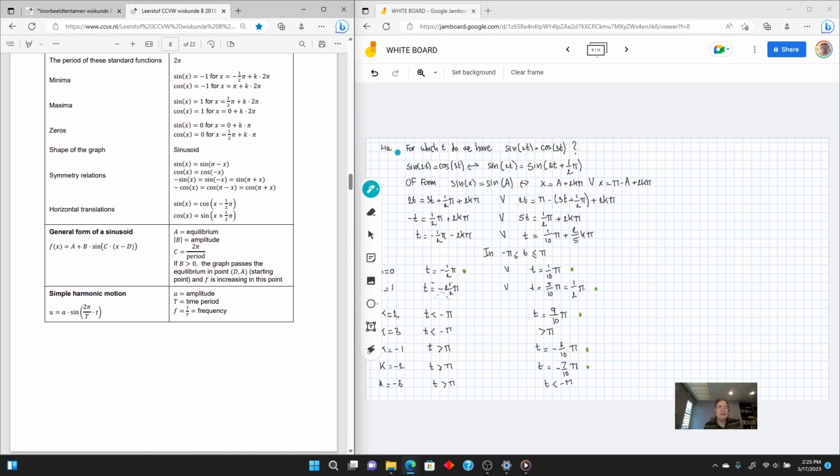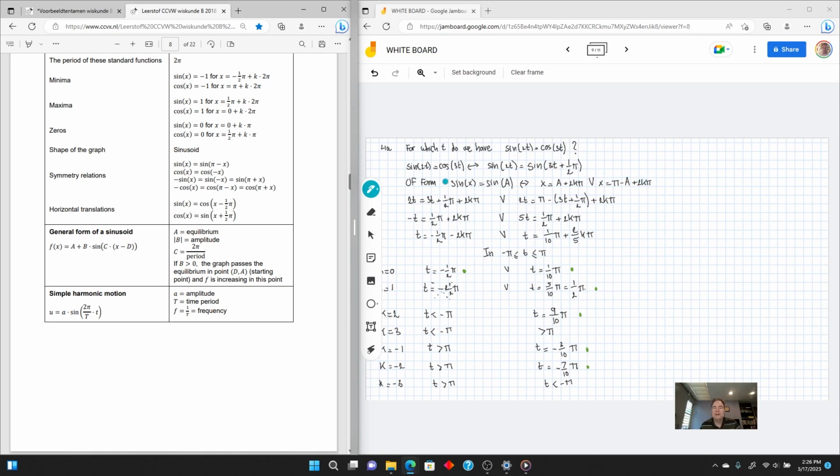The particular one that we applied here is that cosine of x is sine of x plus 1/2 pi. That's kind of again this horizontal translation. So we get this equation, sine 2t is sine of 3t plus 1/2 pi.